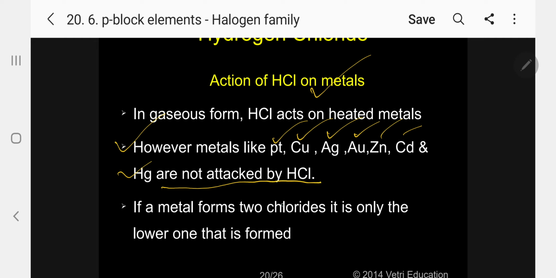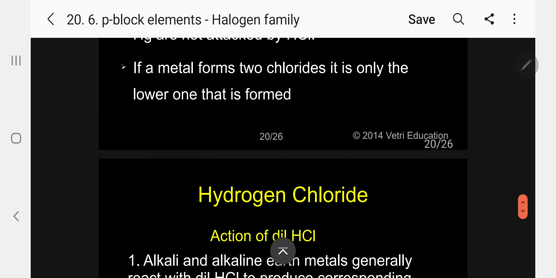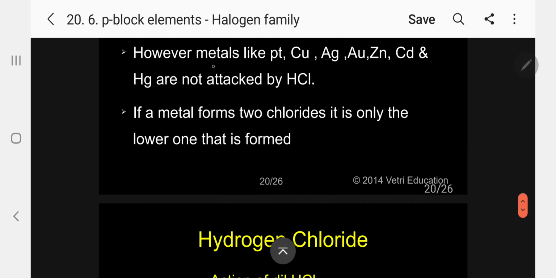If a metal forms two chlorides, it is the lower one that is formed and is more stable. Kindly follow.